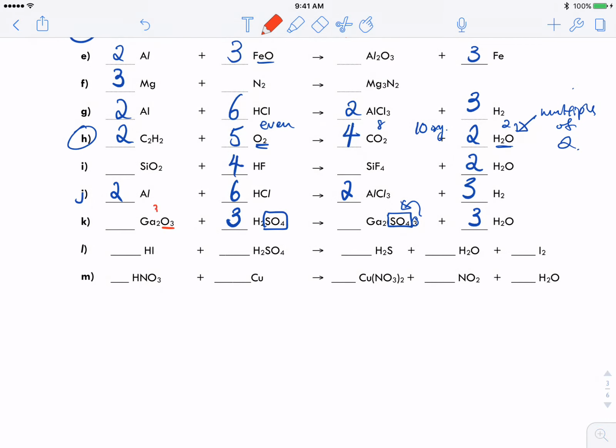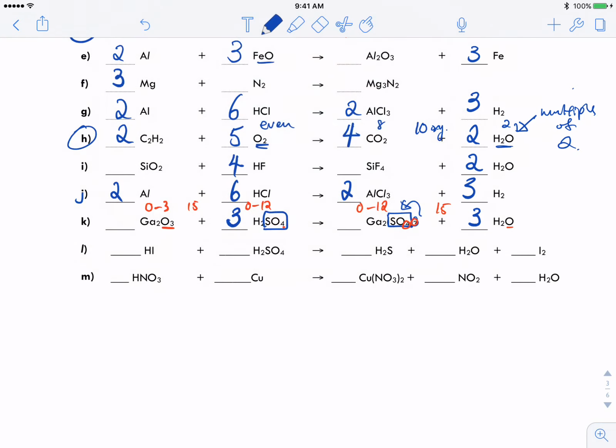There's 3 oxygen here, then there's 3 times 4, so 12 oxygen here. Total there will be 15. On the right hand side, there's 3 times 4 here, so 12 also, and then here there's 3, so in total there's 15 oxygen. So everything is balanced already.